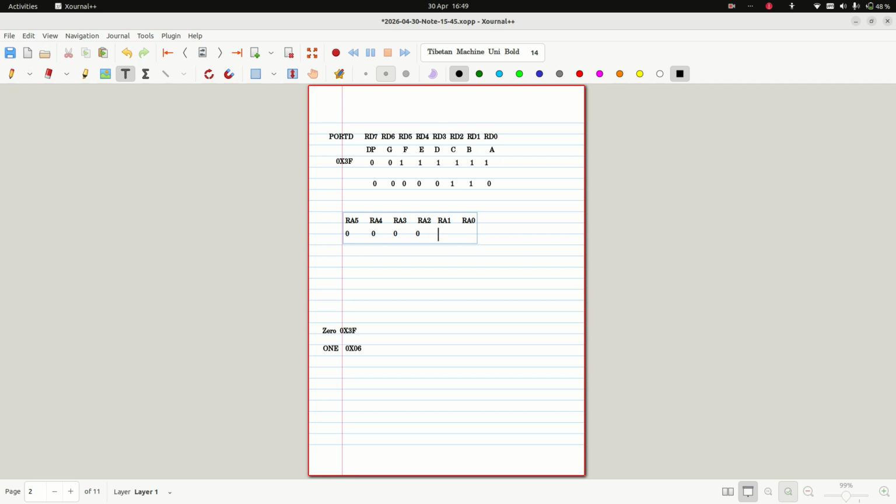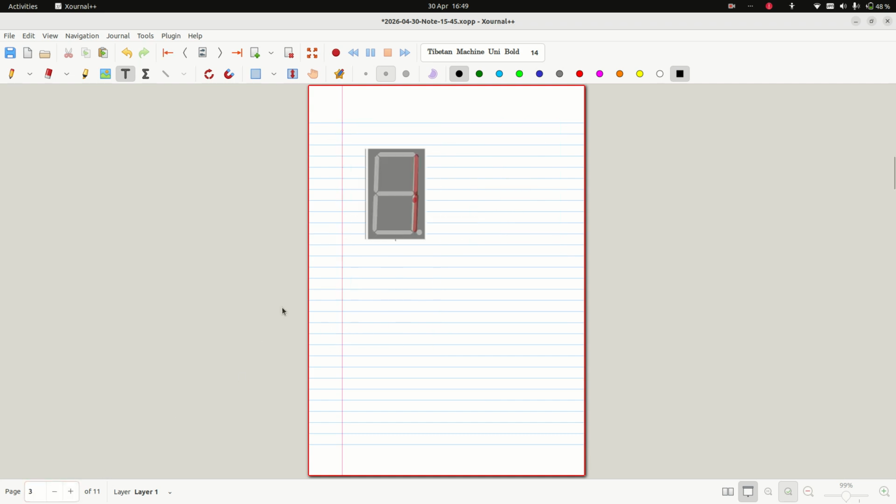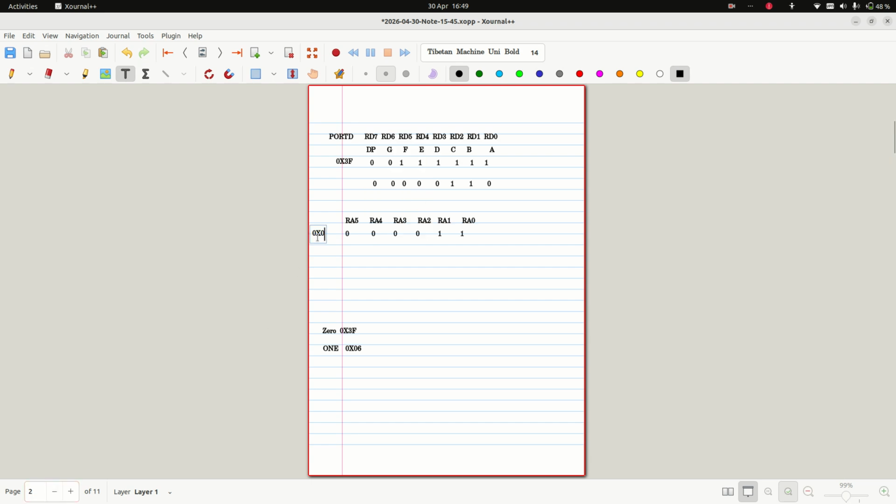The other pins are not considered here. So 0, 0, 0 means 0. Then 0, 1, 1 means what here? 0, 1, 1, that is 3, right? So that is 0x03. So here we use the AND operation.